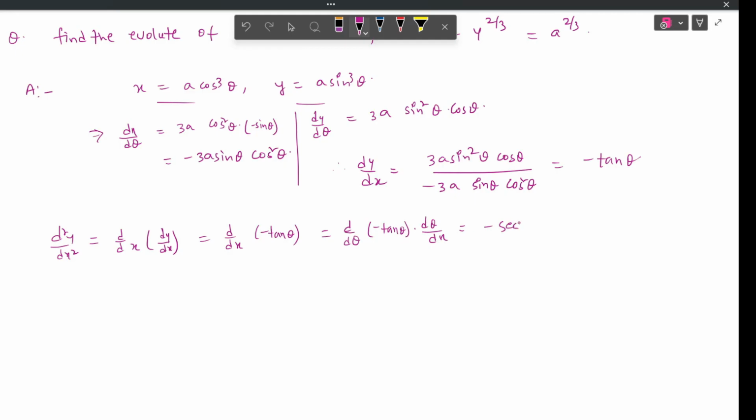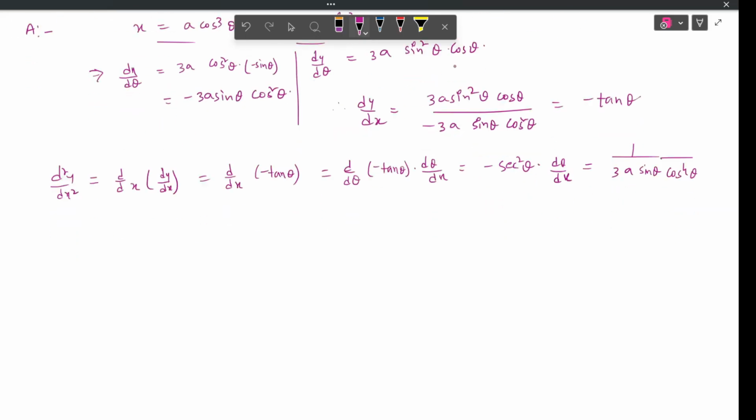So minus sec square theta into d theta by dx. We know dx by d theta is this, so d theta by dx will be 1 by this. Minus minus will cancel out. Sec square theta is 1 by cos square theta. So it would be 1 by 3a sin theta cos to the power 4 theta.